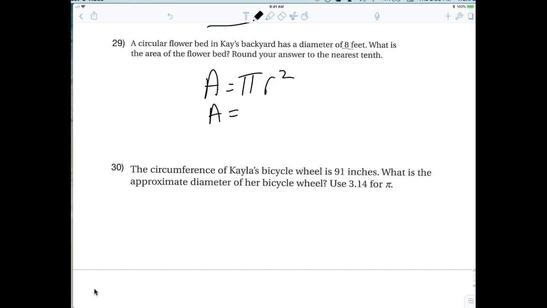Very good job, girl. Very, very good. Yes, good for you. Tell me what that is. About 50.3. And then we would say square feet.